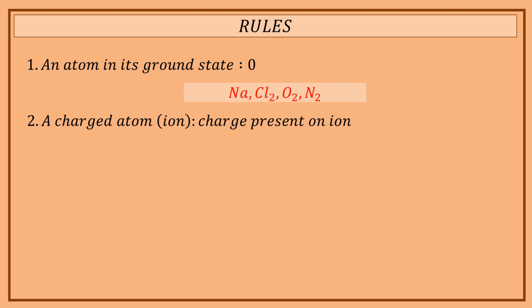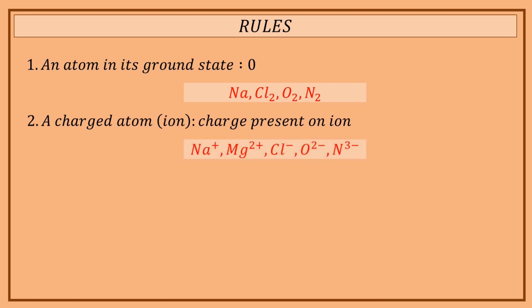We can also understand the second rule of oxidation number calculation: if an atom is charged, then the oxidation number will be equal to the charge present on that ion, let it be a positive charge or a negative charge.